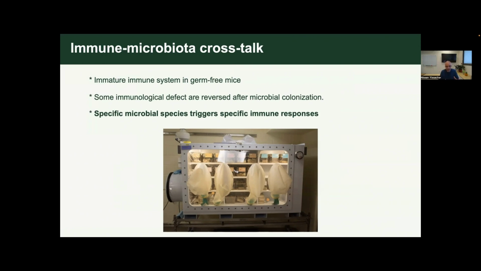Most of these defects can be corrected simply by recolonizing these mice, adding back bacteria to these cages, but not all of these defects. And what's maybe very striking is that we understand now that specific microbial species within the human microbiome can activate specific arms of our immune system, which is, I think, really mind-blowing.